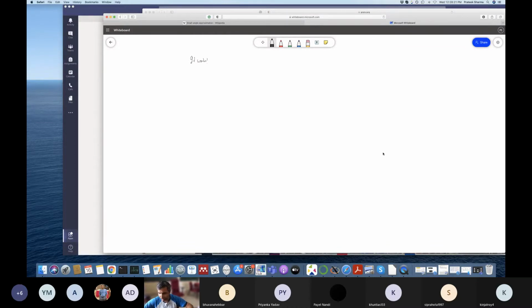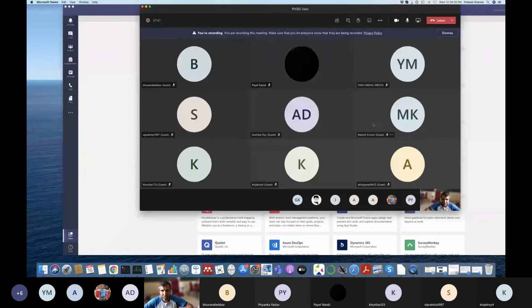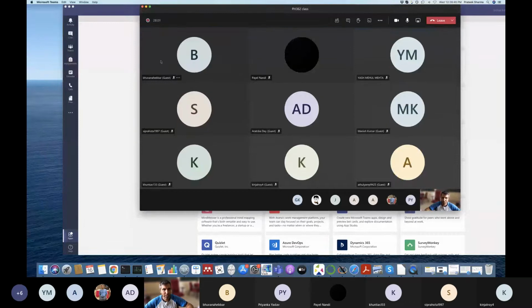So let me do one thing. I will leave and rejoin. Is that okay? I think it's a problem with this Teams app rather than anything else. Or I can just use Whiteboard for today, and I'll put that on Teams. At least it's working, so I will just use Whiteboard.